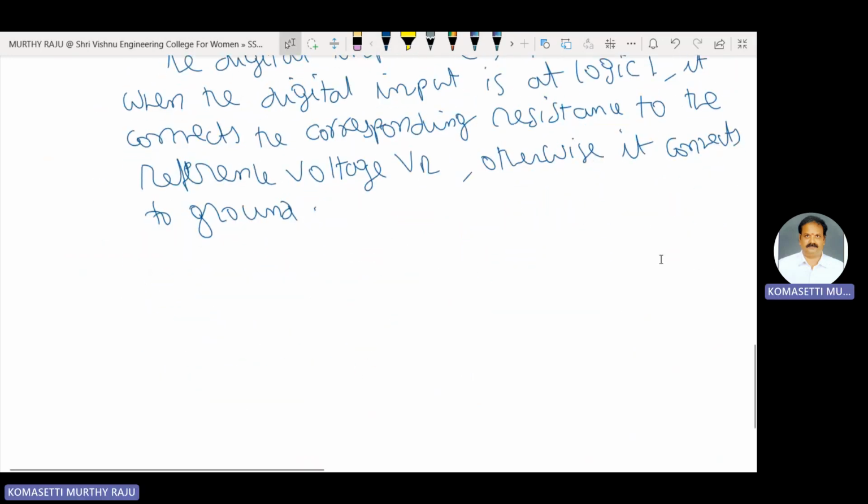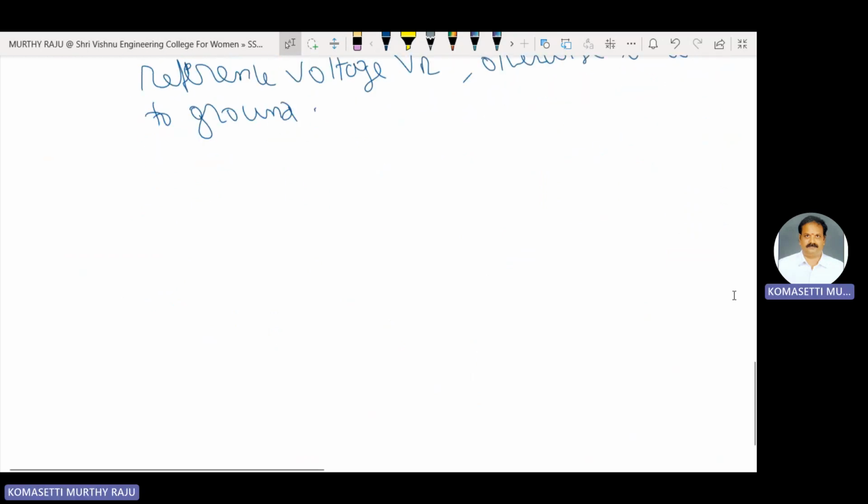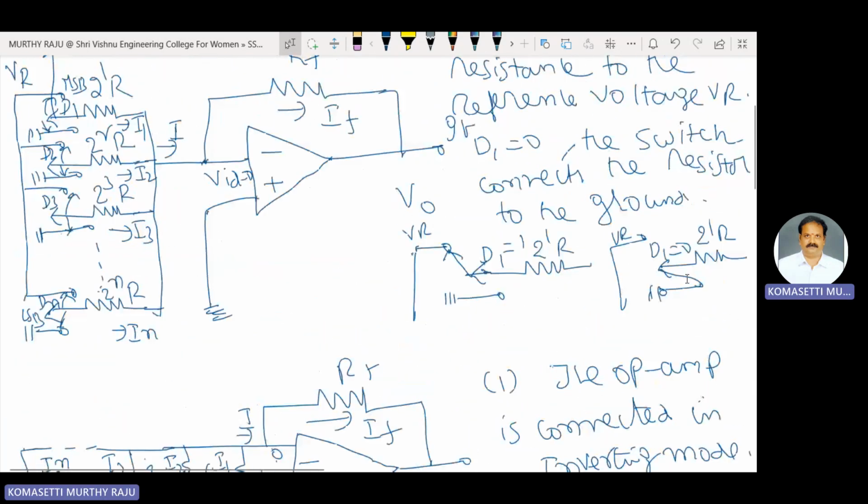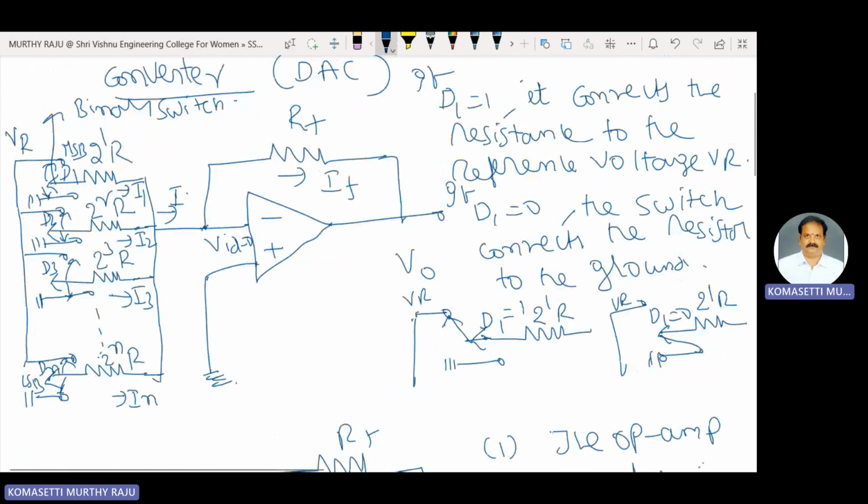The operational amplifier is used as a summing amplifier. Here I is equal to I1 plus I2 plus I3 plus IN.